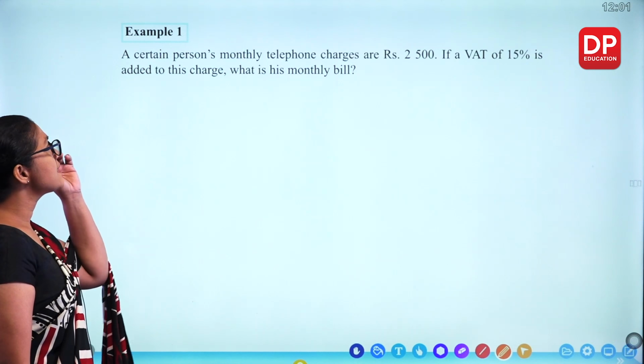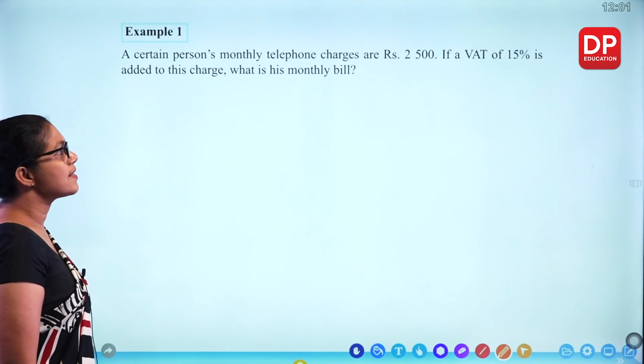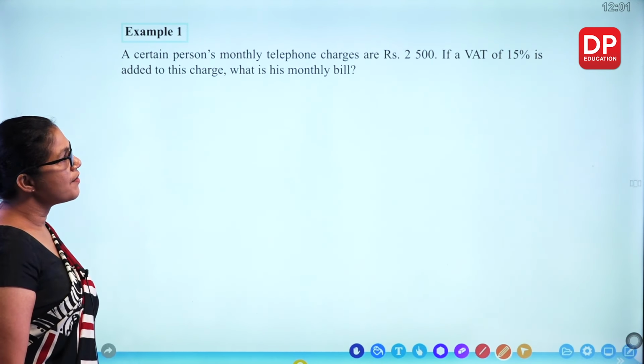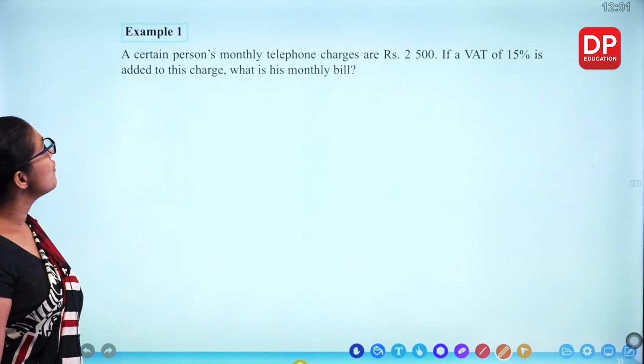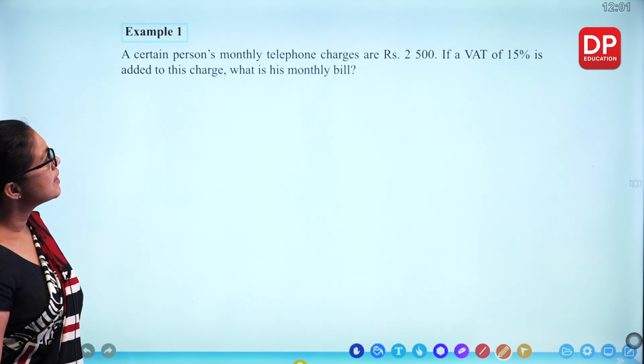A certain person's monthly telephone charges are 2,500. If a VAT of 15% is added to this charge, what is his monthly bill? So 15% is added to this charge.